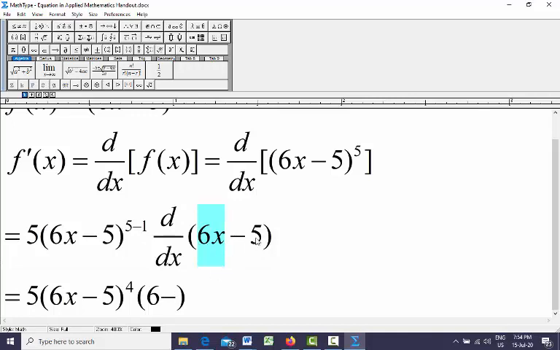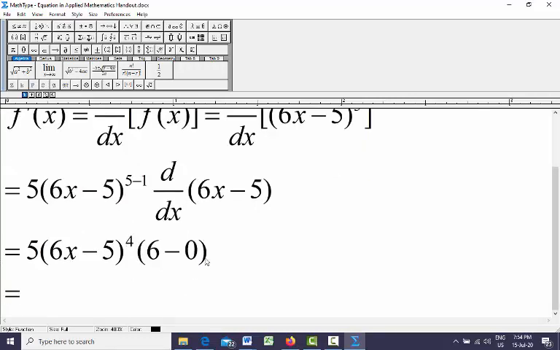Then you have a minus, and if you do differentiation of this one, you get 0, because there is no x here. So 6 minus 0, you can write as only 6. For this 6 multiplied by this 5, we have 30, and then (6x minus 5) power 4. That's the answer.